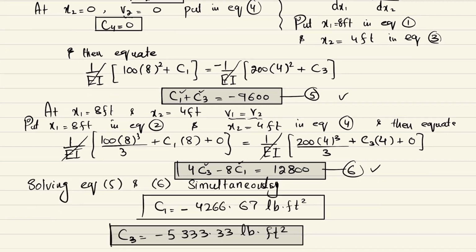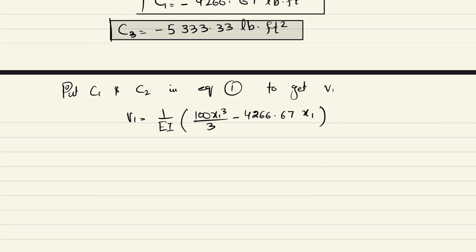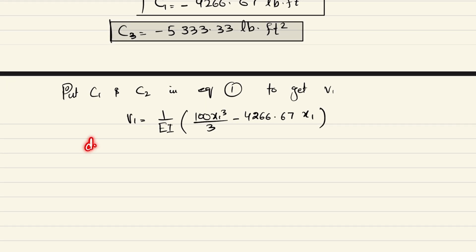Okay, so I will write it over here. We have the equation dv1 over dx1 is equal to 1 over EI into 100 x1 square plus C1. So C1 is minus 4266.67, clear.